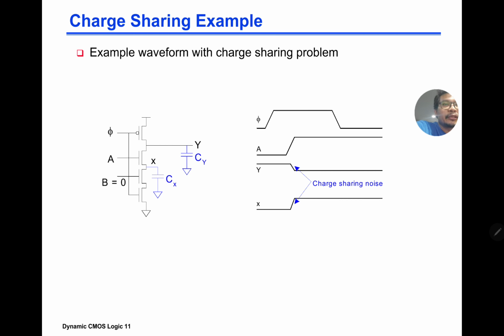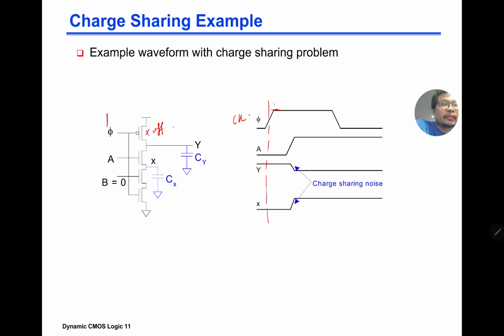So let's have a look quickly at what's going on. We have the phi, the clock, going into the eval, so it's going to 1. What happened when it equals 1? This is off, and it's going to discharge.